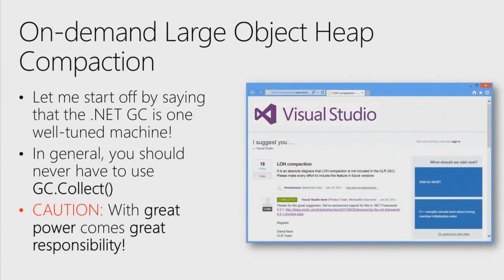Another oft-requested feature for .NET has been the on-demand large object heap compaction, which is the ability to essentially control the large object heap. The one thing I want to start off by saying here is the fact that the garbage collector in .NET is a very well-tuned machine.